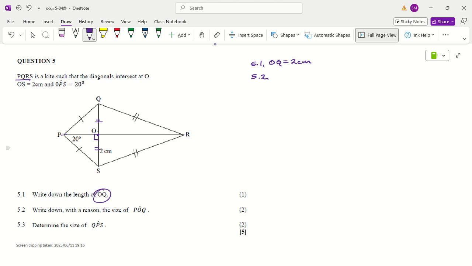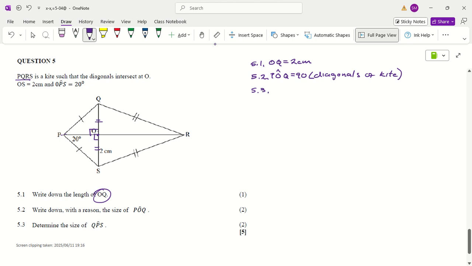It's from P to O to Q. We know this is a right angle. So POQ is equal to 90 degrees. And why? It's because diagonals of a kite meet at 90 degrees. So very simple there.